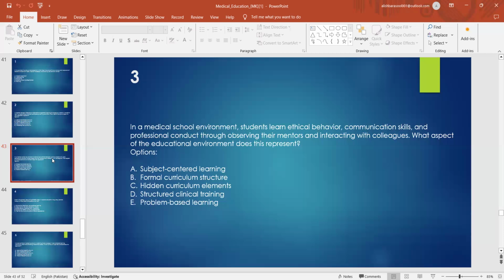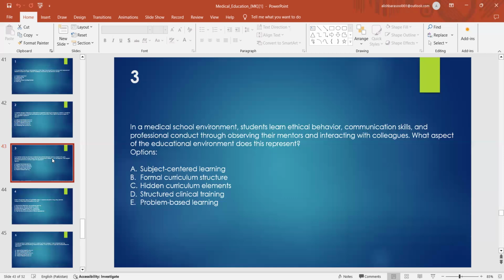And you have said that the hidden curriculum, C? No, madam, I have told the problem-based learning. It is not problem-based at all. It can be the hidden curriculum, it can be informal curriculum, or it can be the structured clinical training.